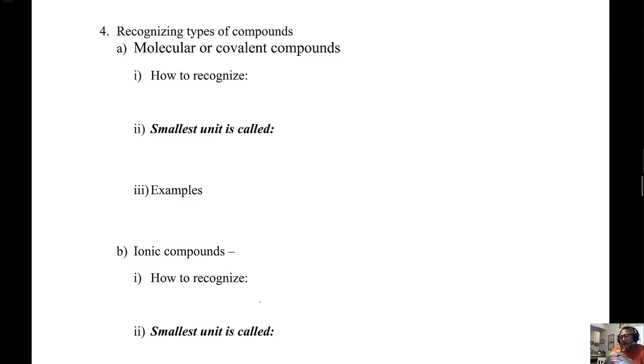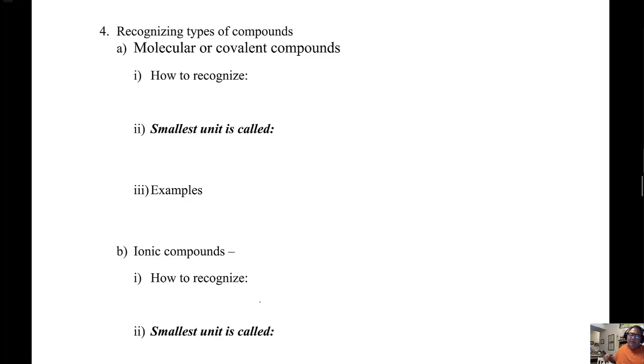Now, there are several types of compounds, and we name them in different ways depending on whether we call them ionic or molecular compounds, also called covalent compounds. There are two names for it. But how we classify these compounds changes how we go about naming them. So what I want to do next is go through how you identify what type of compound you're dealing with so that you can name it appropriately.